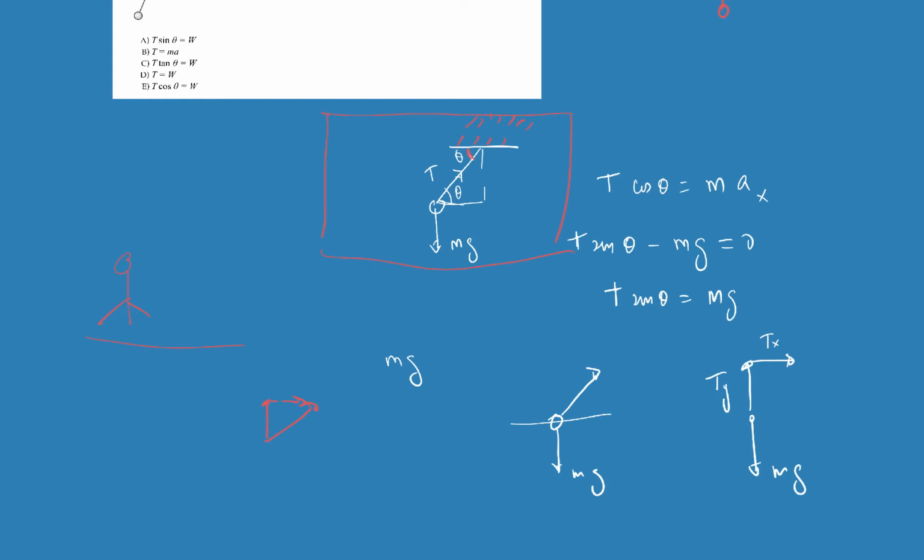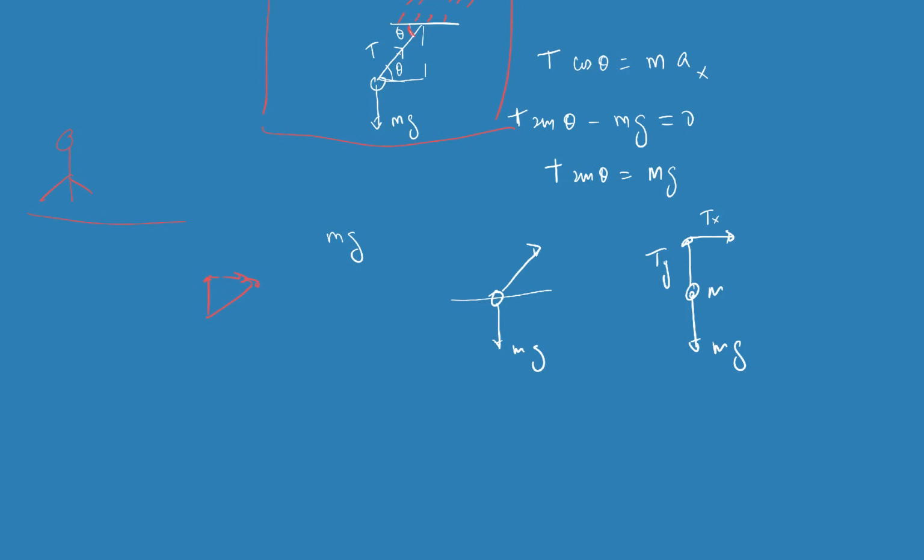So what happened in this problem? The mass M doesn't fly up, doesn't fly down. So there is no acceleration. So Ty going up minus mg going downwards should be 0 because the ay is 0.